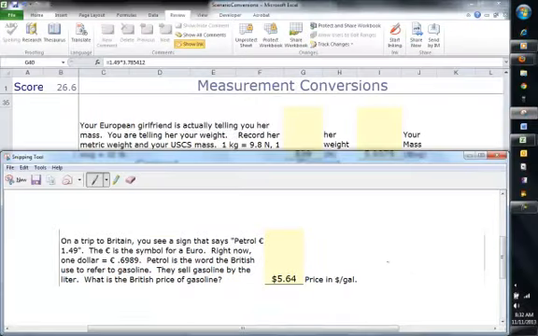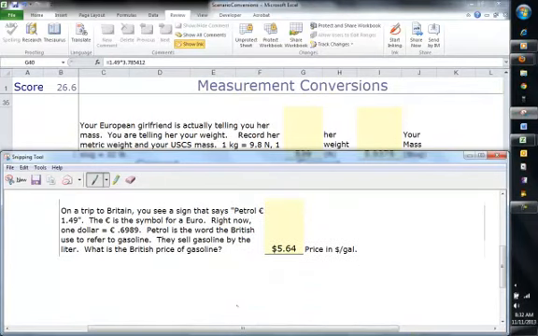Okay, so in this case, we start out with 1.49 euros per liter times, well, 1 gallon is 3.78541 liters.